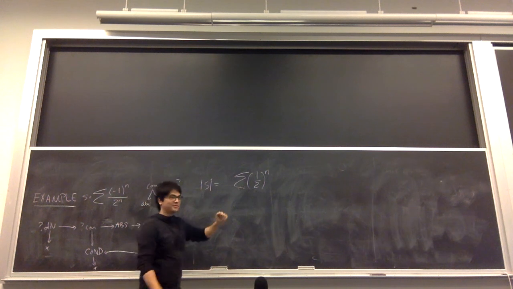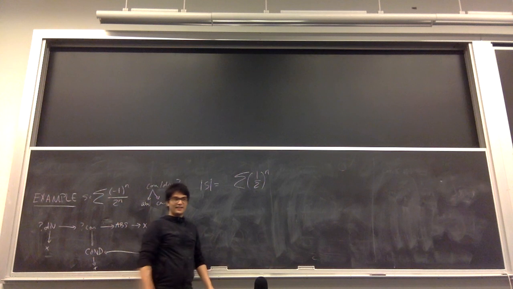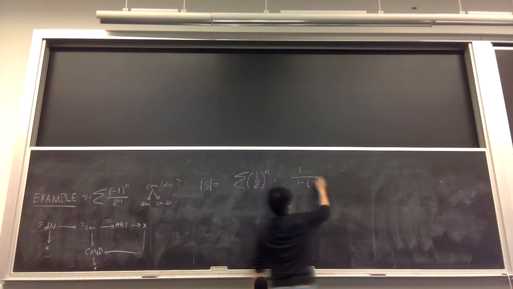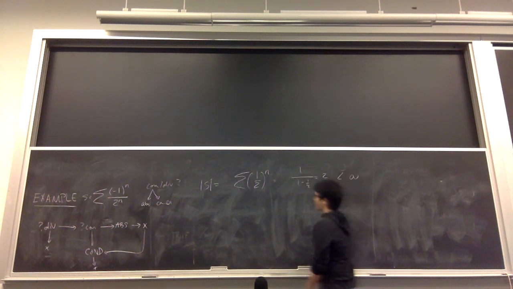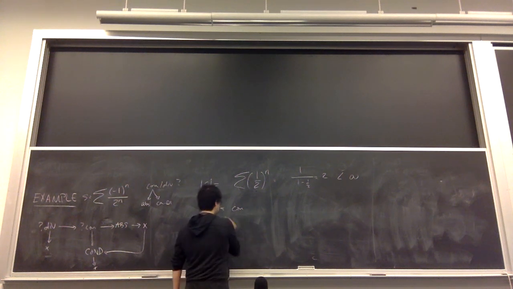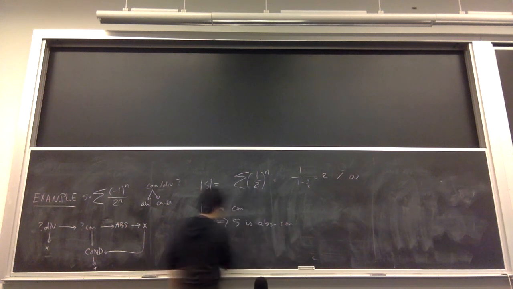Geometric series. Yeah? So what is it equal to? Oh, sure. This is 1 over 1 minus a half, which is 2. But the important thing is that 2 is less than infinity. Right, so we have that actually the absolute value of S is convergent, which means that S is absolutely convergent, which means that S is convergent.